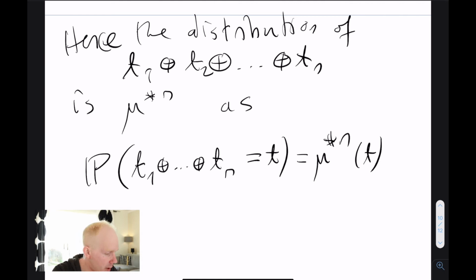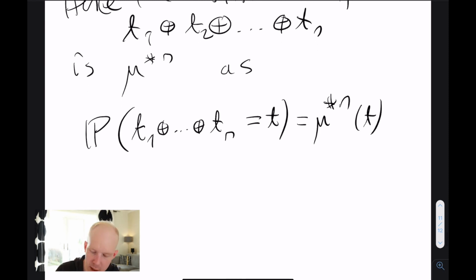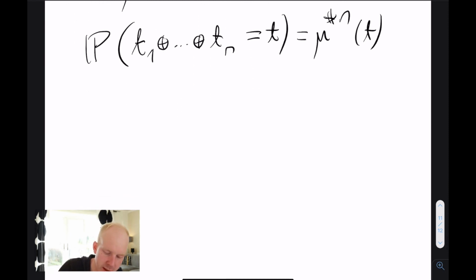And this is something I'd like to give you a little bit of heuristics about. Maybe if you compute, for example, the probability of events.